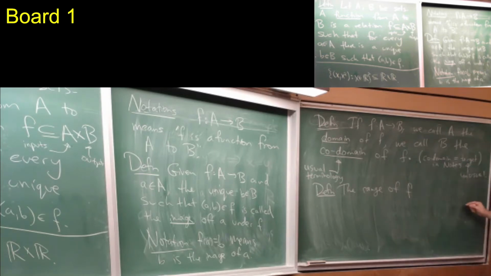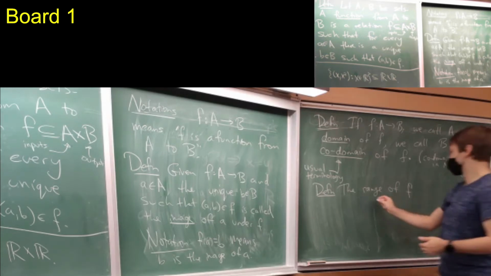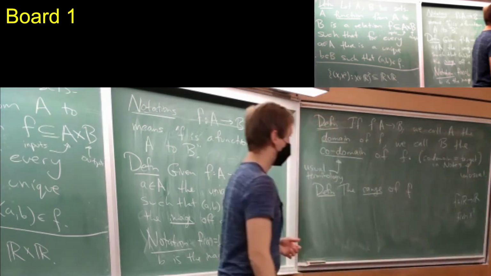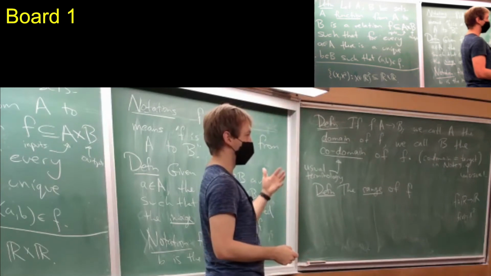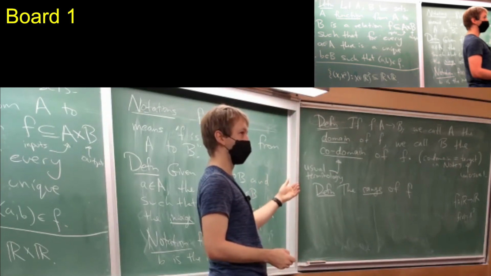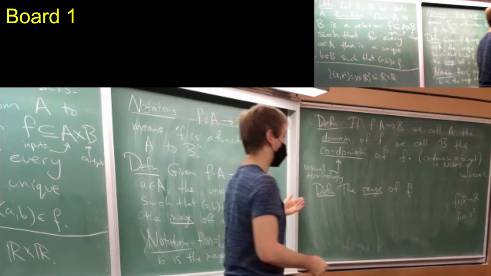For example, if I define a function from the reals to the reals such that f of x equals x squared, then the number -1 isn't the image of anything, because there's no real number that you can square to get -1. So the range is all the things in the codomain which are actually images of something in the domain.